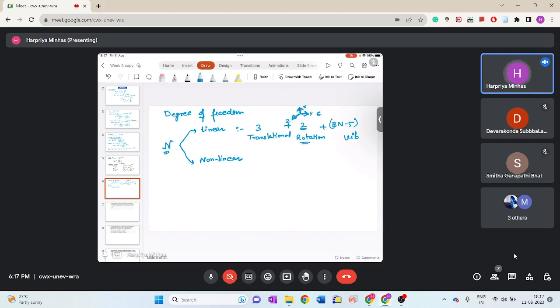So that's why we have considered the two rotational motions, whereas in the non-linear molecule we considered three translational motions and three rotational motions, and the remaining, that is these two, are in addition.